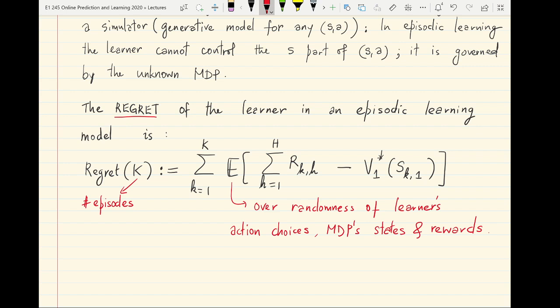The learner's responsibility is to generate an action at a given state within an episode, and the MDP in response generates the next state and the corresponding reward. So this is the regret of the learner, and in some sense, the problem of low regret or online learning in MDPs is the problem of how to build efficient learning algorithms that can keep this regret low over time.